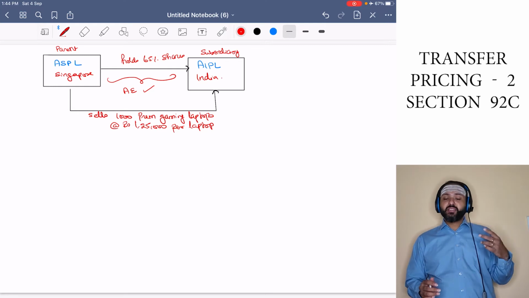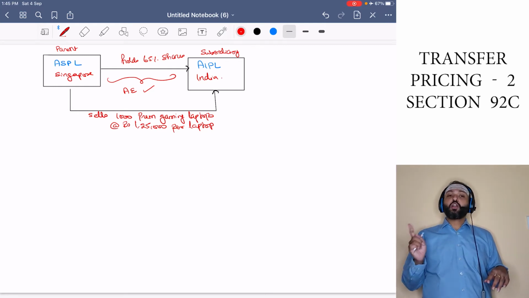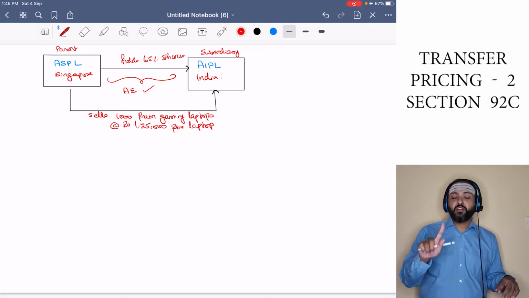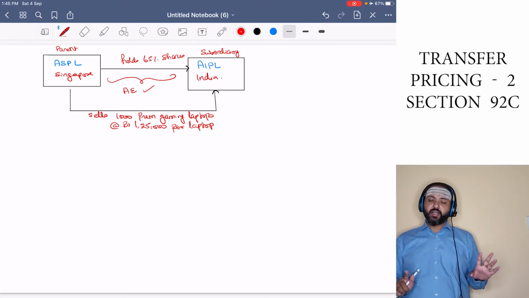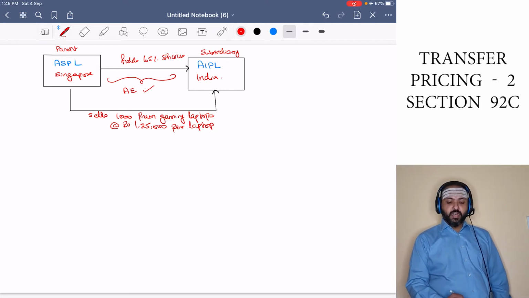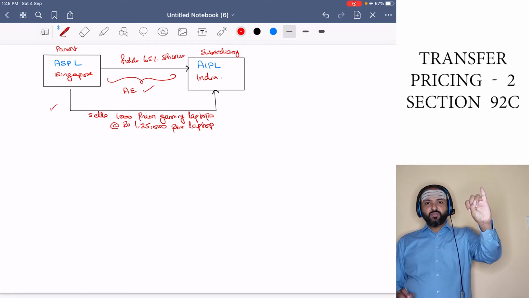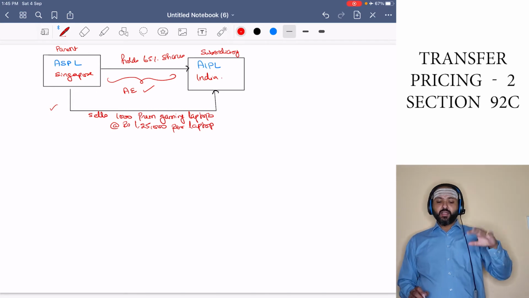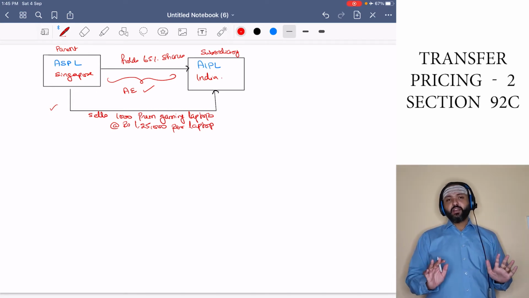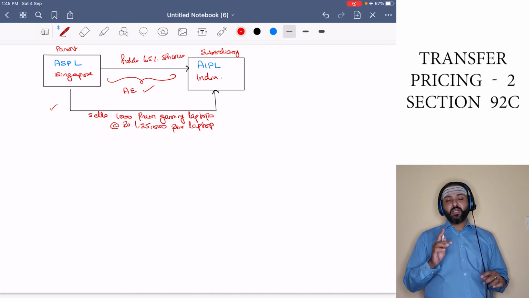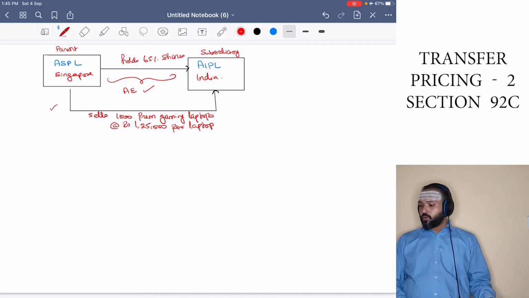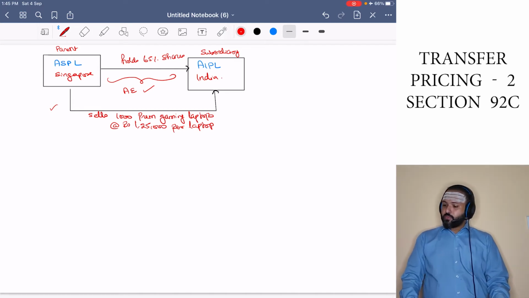Section 92B says that there has to be a transaction between non-resident and resident, or non-resident and non-resident, only then it will constitute an international transaction. So whether this is an international transaction, yes. So 92A is satisfied, 92B is satisfied. So we are saying that there is a sale of 1000 laptops by ASPL to AIPL at 1,25,000 per laptop. Okay, now let us get back to the question.